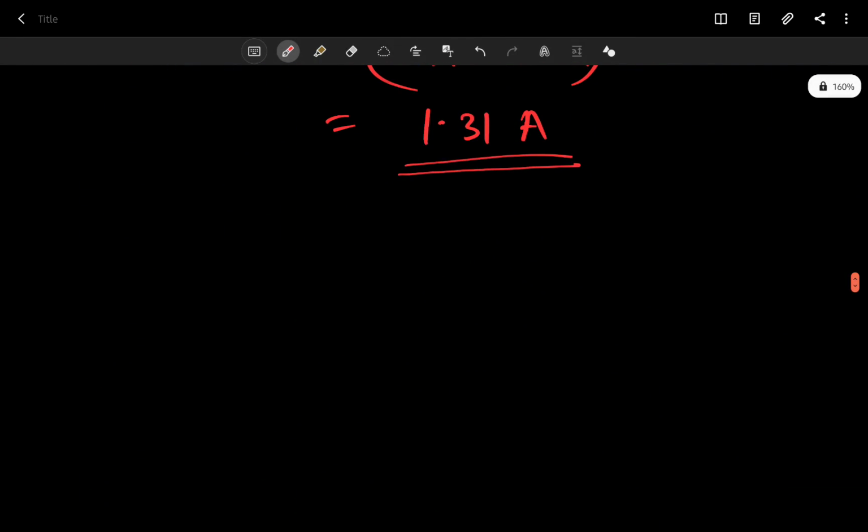So for superposition, what we do is separate out the contributions. So we have to copy the same circuit two or three times, the number of sources, of course, and separate out just the contribution from one component each, and then add them up.